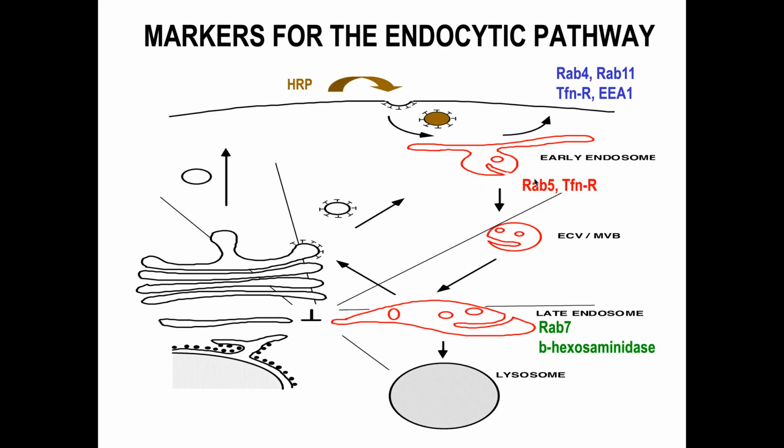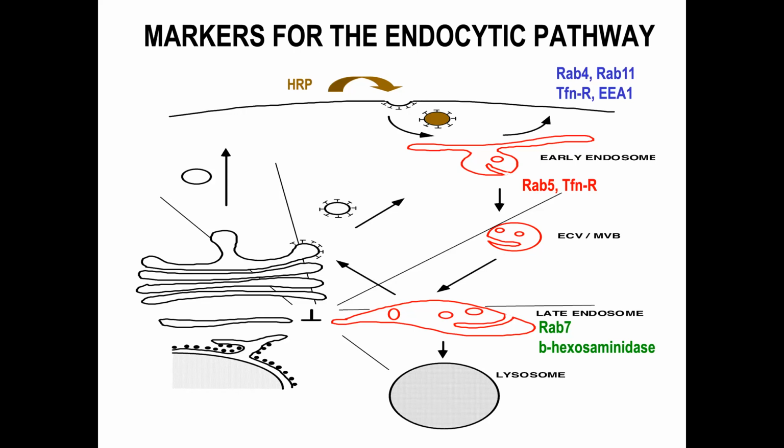We have pre-existing compartments in the periphery of the cells, which are early endosomes, and we have pre-existing late endocytic compartments in the perinuclear region of the cells, like the lysosome or the late endosome. These two compartments are linked by vesicular transport steps that utilize the cytoskeleton with motor proteins.